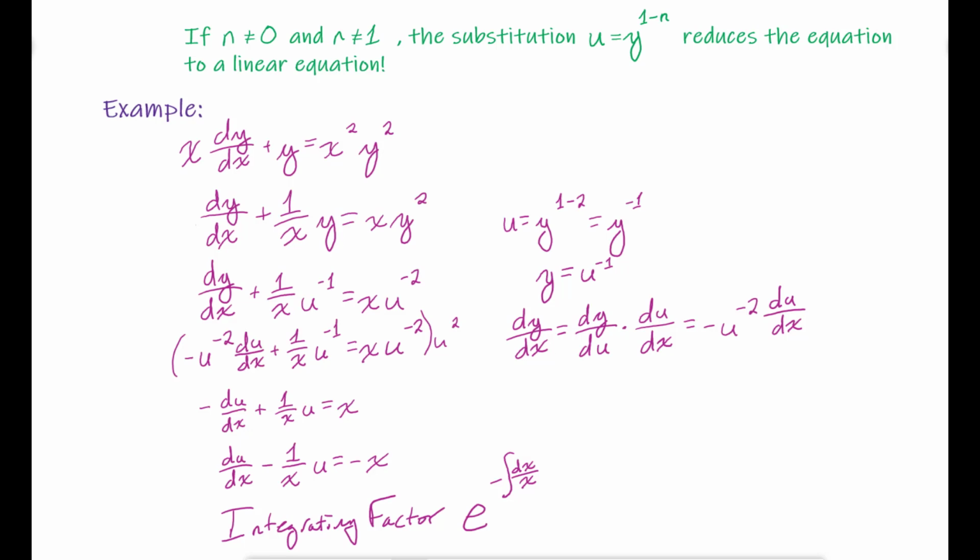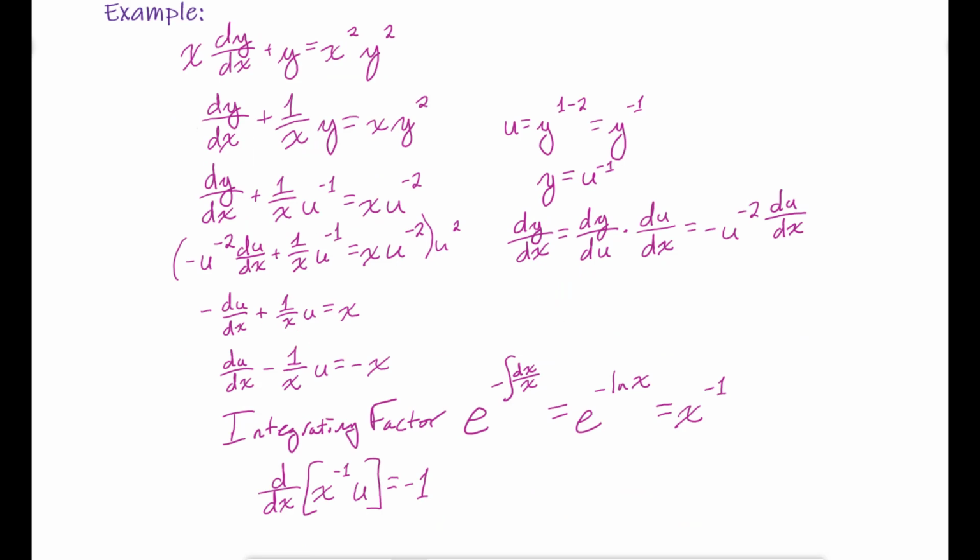Now, taking this integral, I get the natural log of x, so I'll have e to the negative natural log of x, which is equal to x to the negative 1st power. So we're going to use that integrating factor, and we're going to integrate d/dx of x to the negative 1st times u equals negative 1.